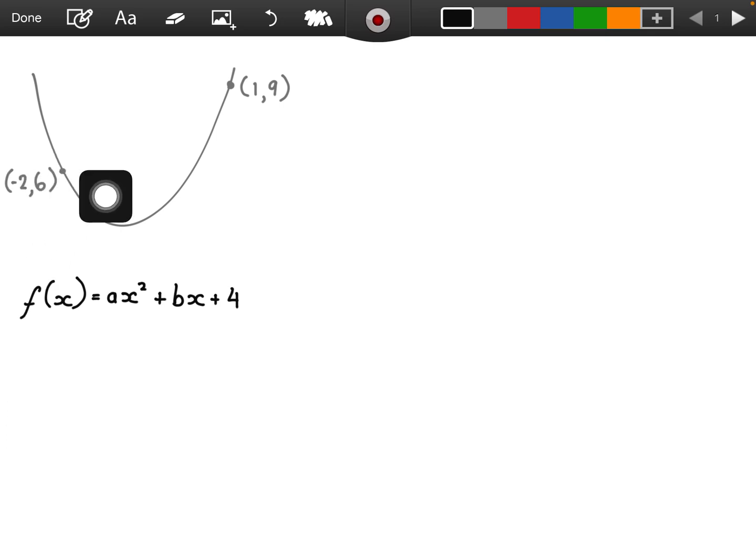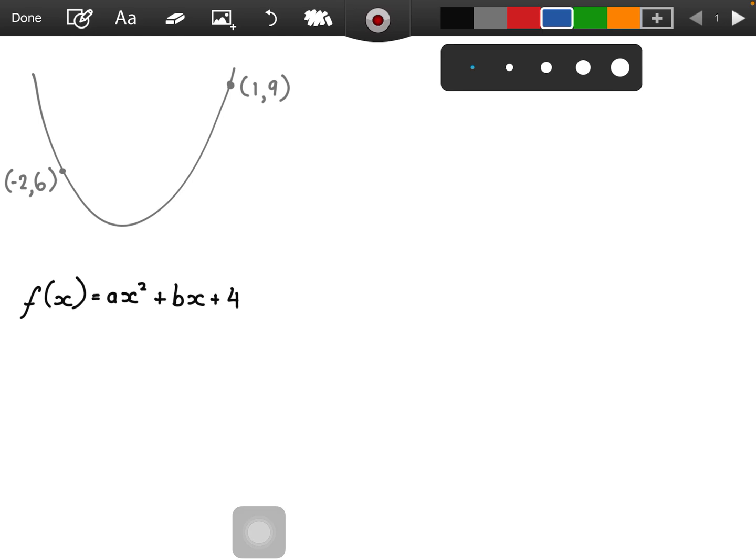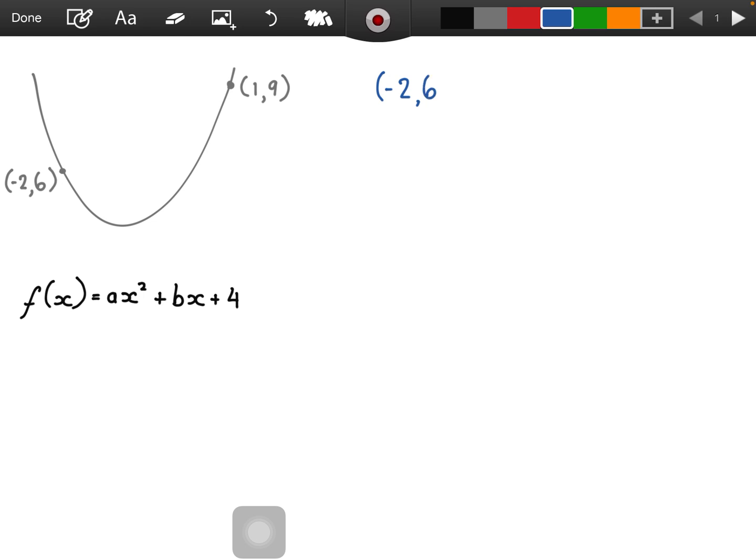And the key here is that they've given us 2 points. So how am I going to use those 2 points to help me figure out what A and B are? Well, remember that a point is giving you, so let's say -2 and 6, an x coordinate and a matching y coordinate.